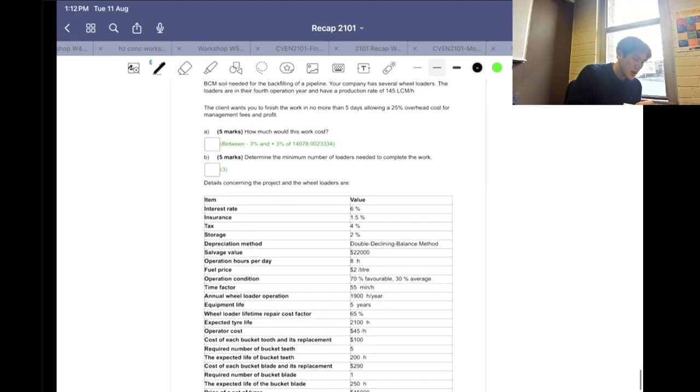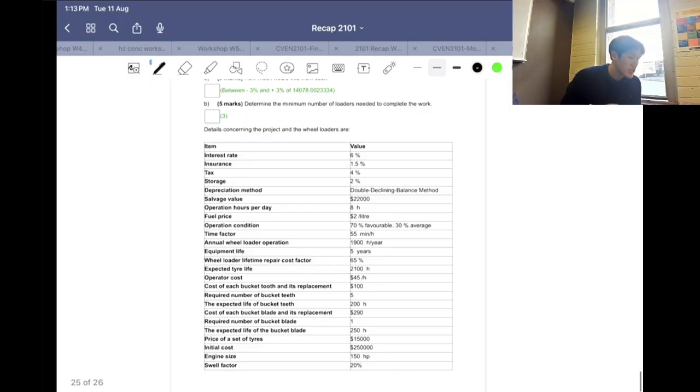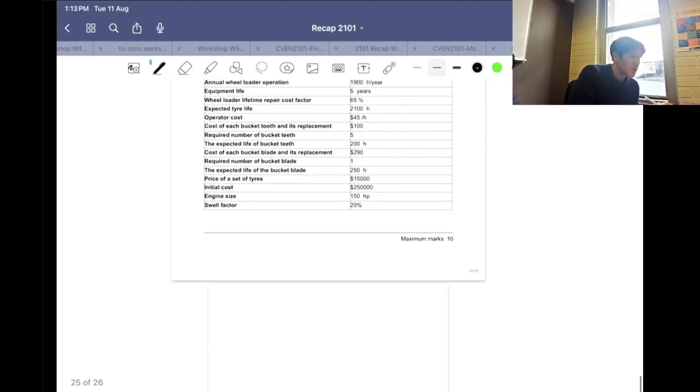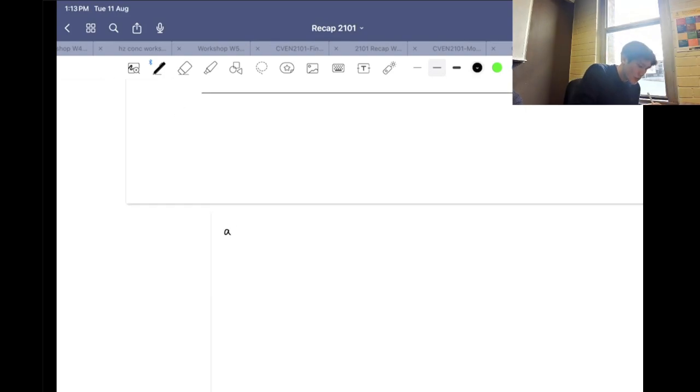So, what I like to do is every time you use a value from the table, you just cross it out, so you know you won't have to use it again. But you just work through the operational costs and then the ownership costs as well. So for part A, the operational costs.